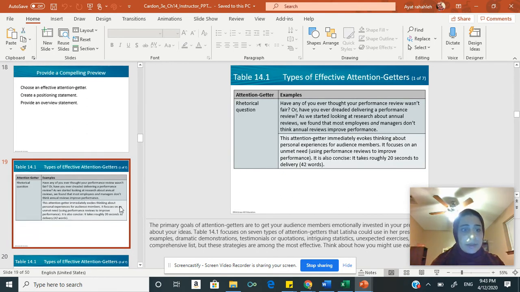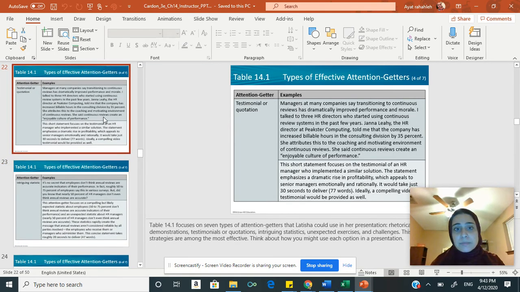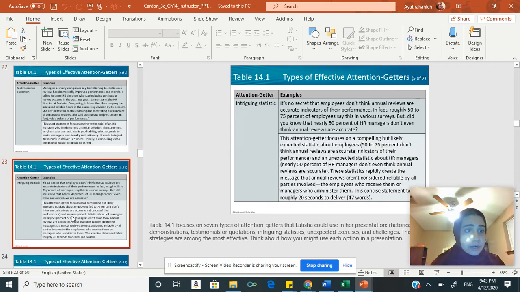Grab attention. You can start with questions, a testimonial, a quotation, or some statistics. I'm a math person. I love looking at numbers. I feel numbers are very attractive to me. It just grabs my attention. When I do some coaching on the side for organizations, I was asked this question: how do you feel from 1 to 10?